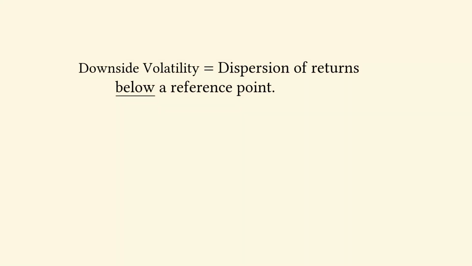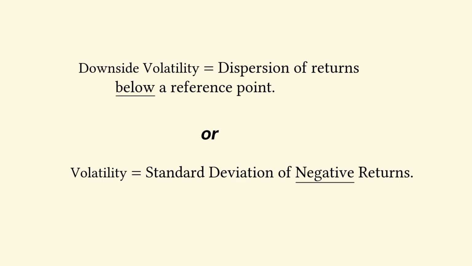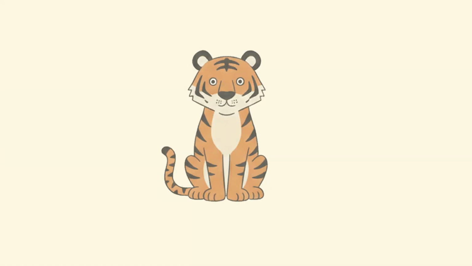Formally, downside volatility measures the dispersion of returns below a chosen reference point, typically the expected return or zero. In mathematical terms, it is the standard deviation of negative returns only. In this sense, downside volatility is a more targeted measure of risk, as it captures uncertainty where outcomes are worse than expected, while ignoring upside variation.